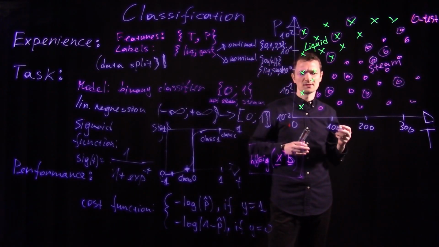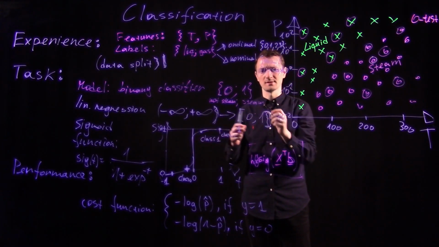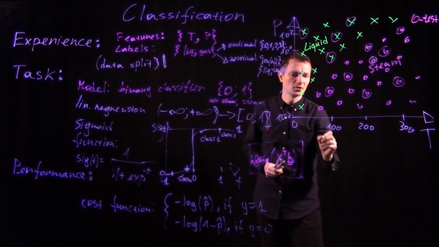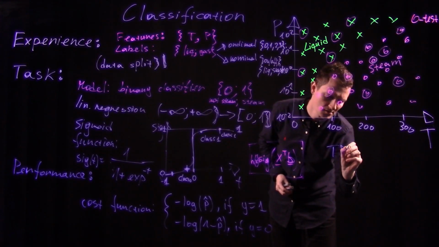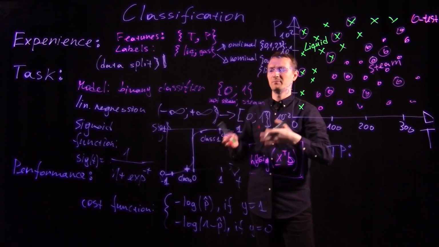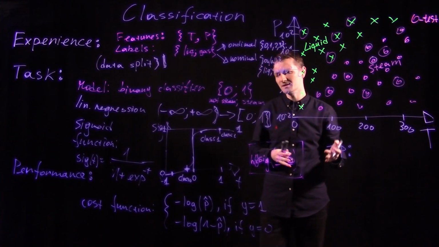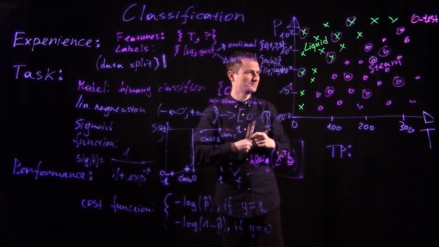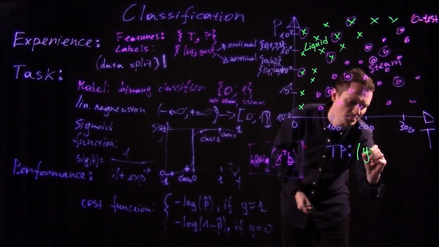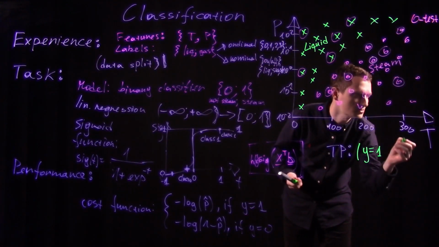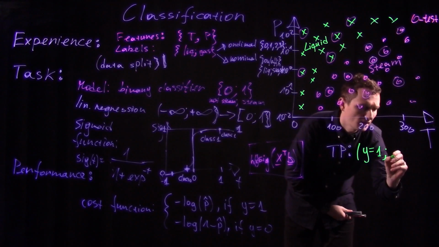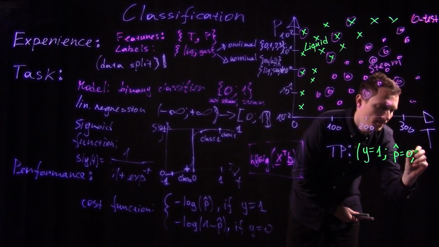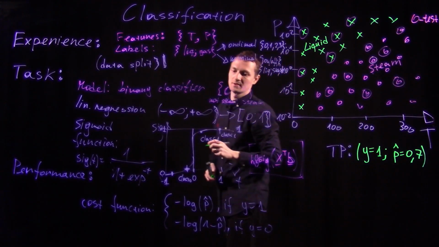So let's also consider some use cases or some points. First of them, let's call it true positive. Basically our label is 1 and we predicted it as 1, but it's not the ideal prediction. Let's say we have y equals 1, our label, and we also have the probability that equals 0.9.